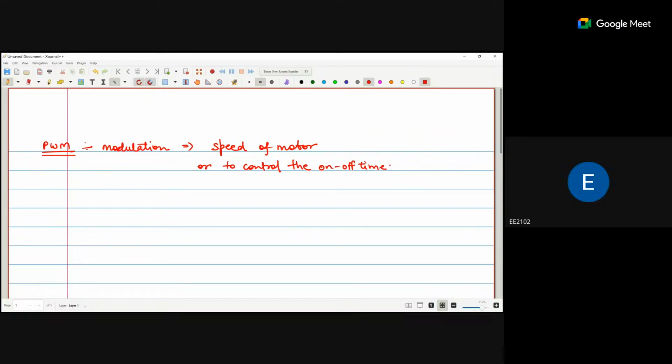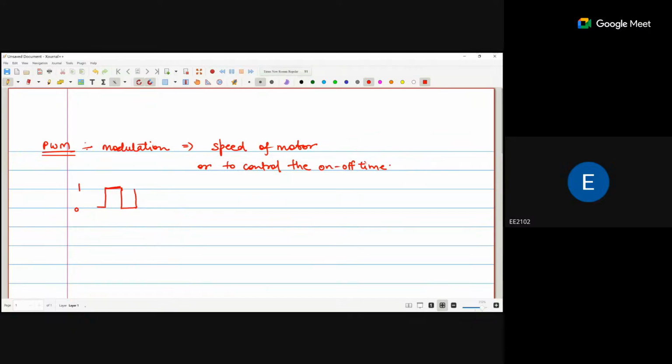Okay. So the signal should be like that. The width of the pulse, if we are talking about a digital signal, should be represented in the form of 0 or 1.